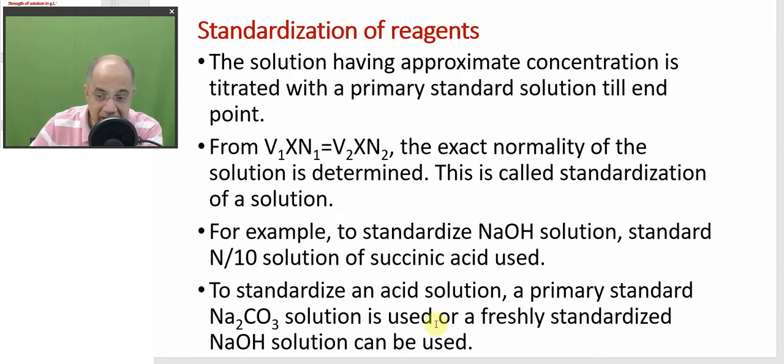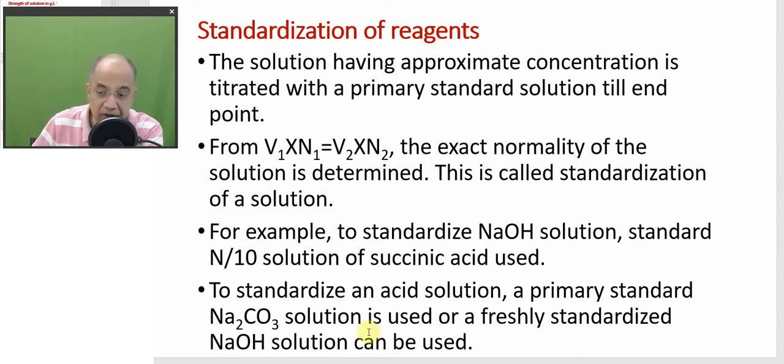This is to standardize a base solution: use standard succinic acid. But to standardize an acid solution, a primary standard sodium carbonate is used. Sodium carbonate solution is also a primary standard whose solution can be prepared by weighing method accurately.